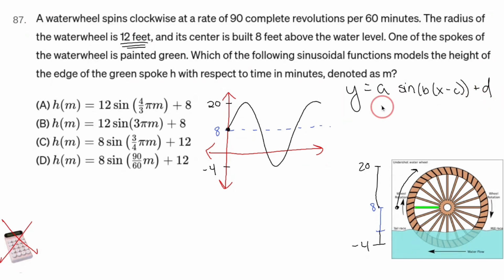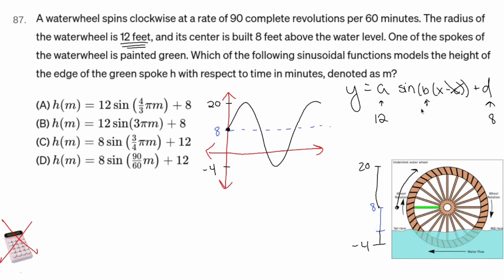Now, what's what? Well, you're my amplitude. I already know that. So my amplitude is 12. You're my midline. I already know that. What I also know is since this is starting at sine, I'm not going to have a horizontal transformation or translation. I'm not going to move left or right anywhere. So that minus c is useless. What I don't have is b.